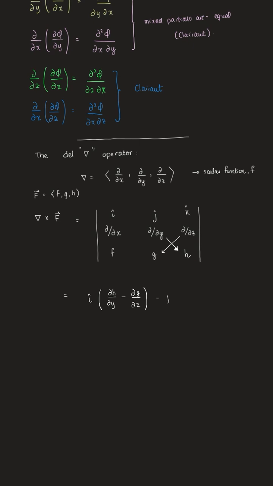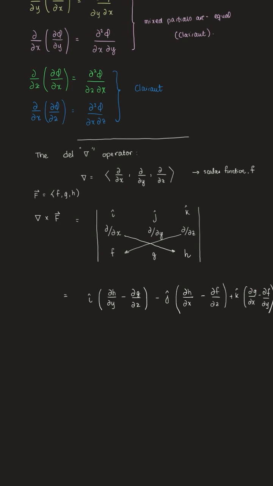Minus j: this time we're going to look at the partial of h with respect to x minus the partial of f with respect to z. And then plus k, and here we're going to have the partial of g with respect to x minus the partial of f with respect to y.